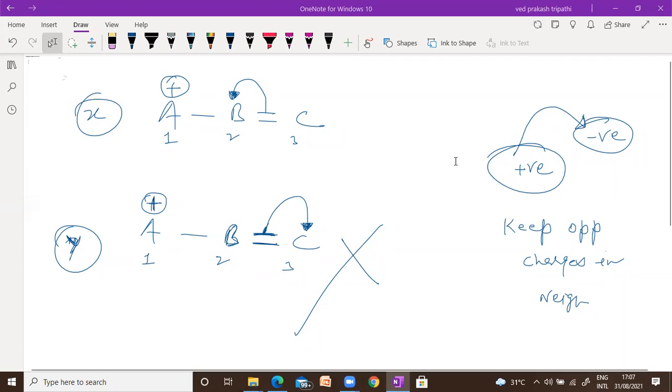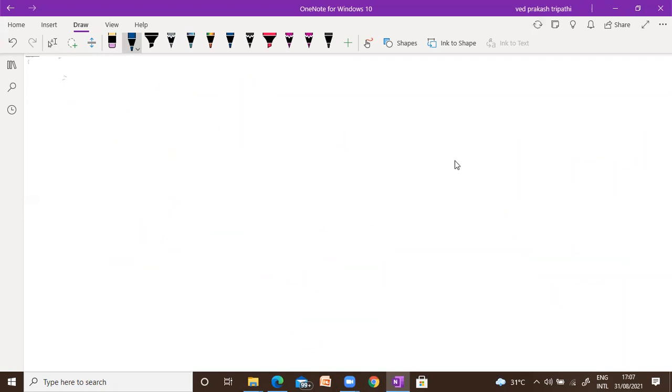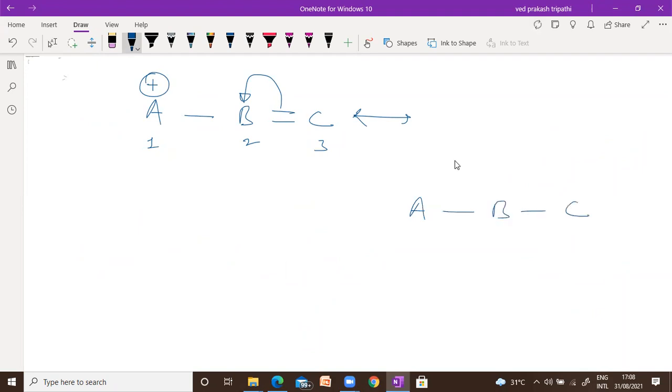Okay. So now we will proceed from bond breaking. Suppose we have A bonded to B, B bonded to C, and we are using a positive charge, and the arrow will break like this. 1, 2, and 3. In a resonance structure, the basic structure will never change. Means the connectivity, A bonded to B, B bonded to C, will be the same.